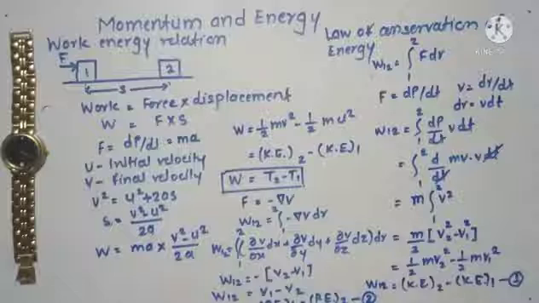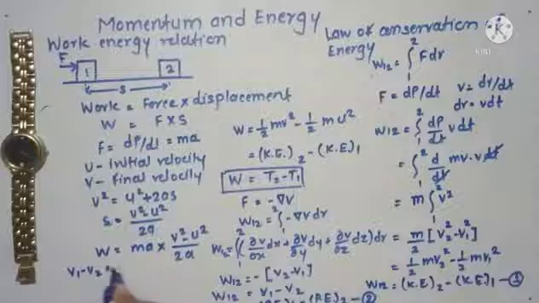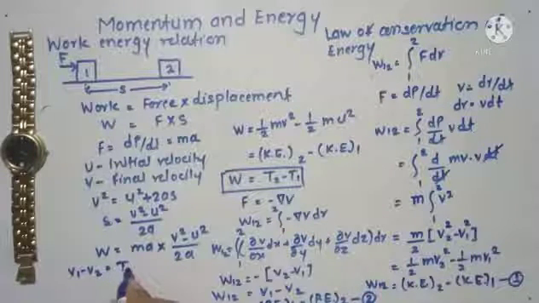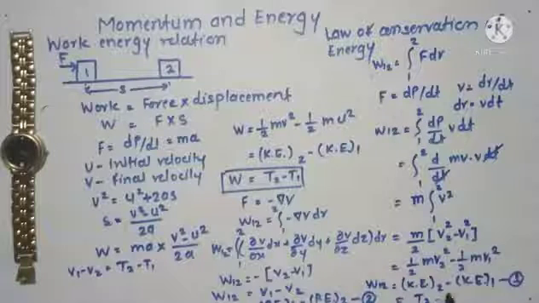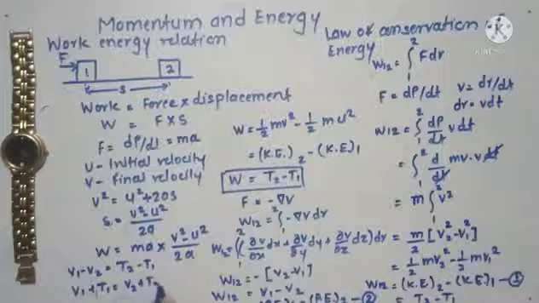So from equation 1 and 2, as the left hand sides are equal, we can write V1 minus V2 is equal to T2 minus T1. Or I can write V1 plus T1 is equal to V2 plus T2.